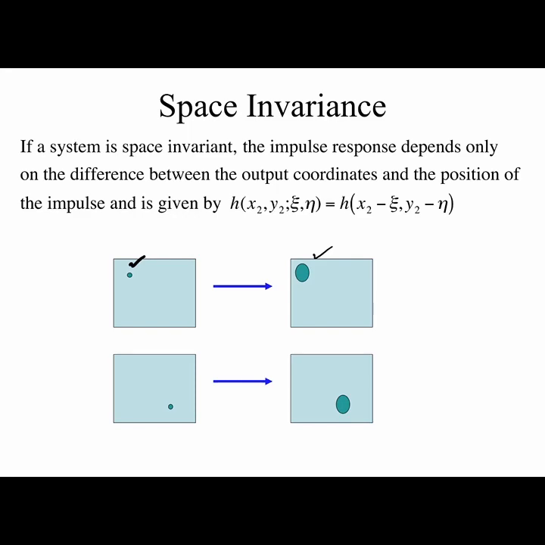Now let's say I moved the dot down here. If this is a shift invariant system, then my output should just be a shifted version of my original output. So it's a very simple concept. If I shift things in space, the output should be shifted in space as well. Or if I shift things in time, the output should be shifted in time, and it should be exactly the same.